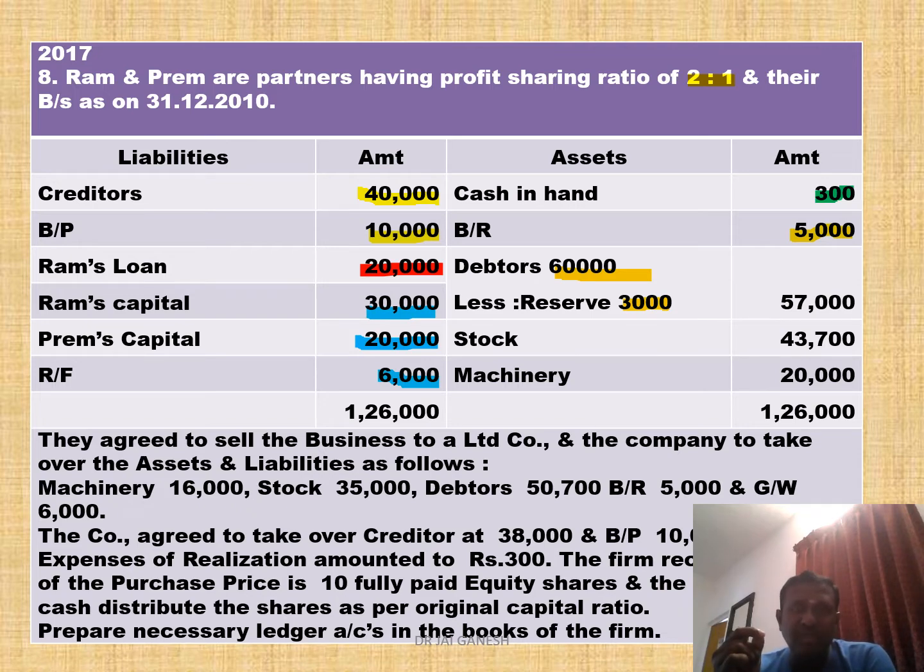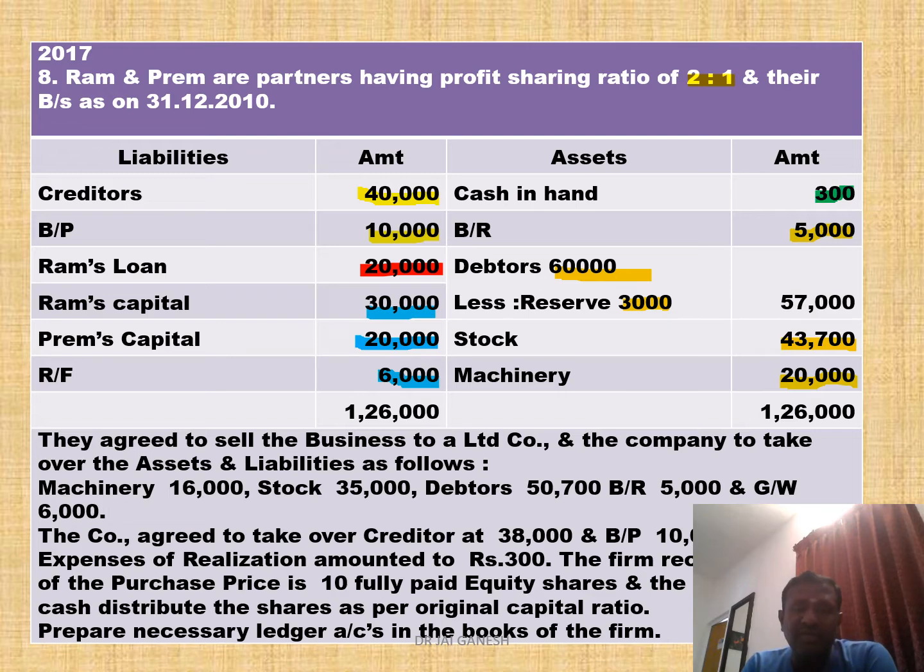As per accounting procedure, take gross debtors to the debit side and reserve to the credit side. Next we have stock 43,700 to be transferred to debit side of realization account. Machinery 20,000 to be transferred to debit side of realization account.